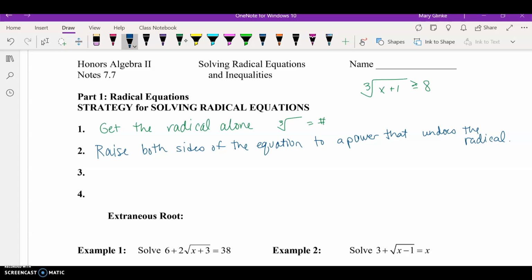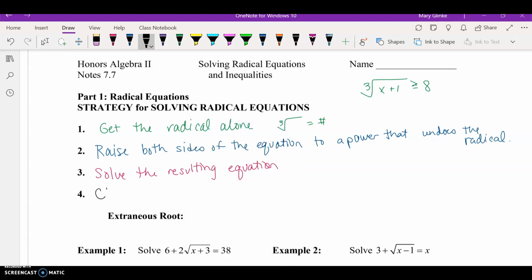So if it's a cube root, what you would do is cube both sides. Step 3 is going to be to solve the resulting equations, and you might think you'd be done there, but there is a step 4.